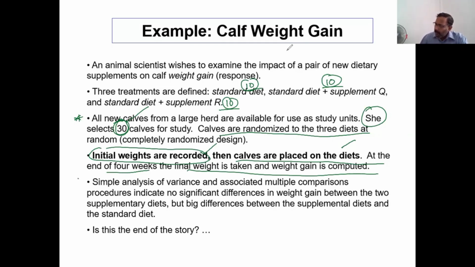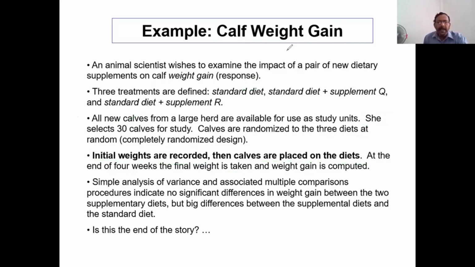Right, now, without considering anything, can you tell me what kind of design that is? Without considering ANOVA and so on, what is the simplest design that we can apply?